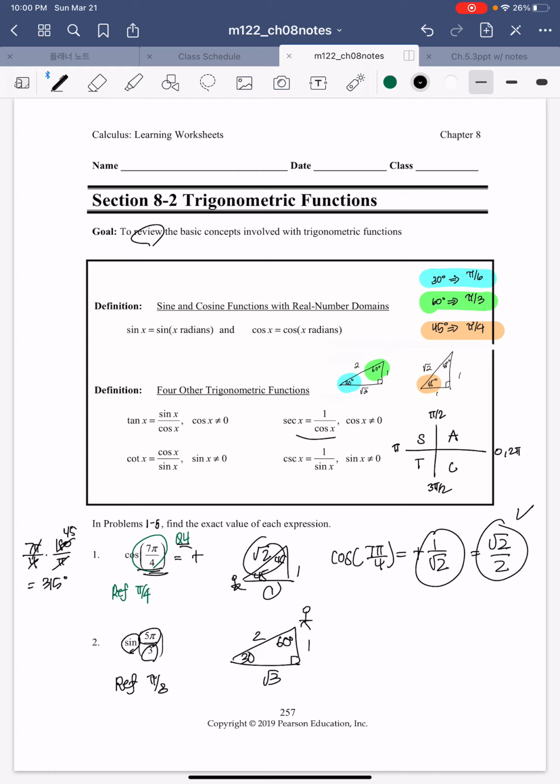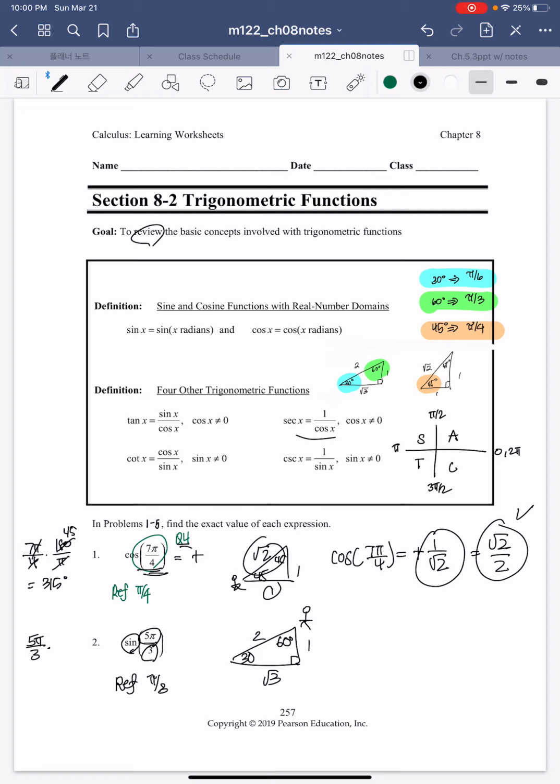Now 5 pi over 3, again we have to decide where it is. If you feel comfortable looking at angles in radian mode, that's fine. If you still don't feel comfortable, there's no need to guess.